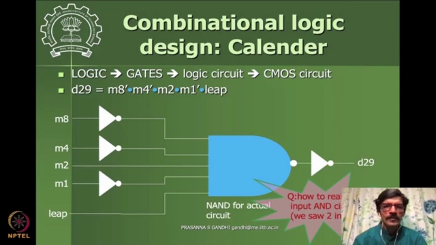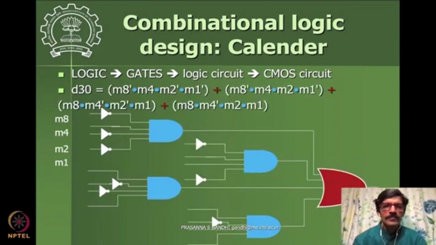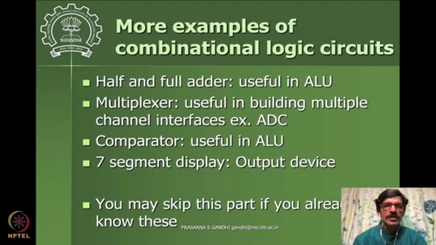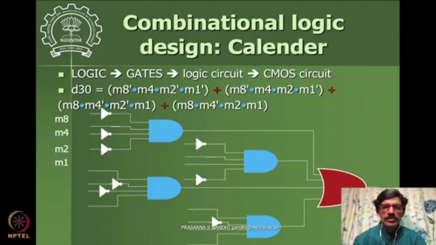Then this is the circuit for the D30 output, and things like that. So like that you can start developing these logic expressions and logic circuits for many different combinational logic elements.